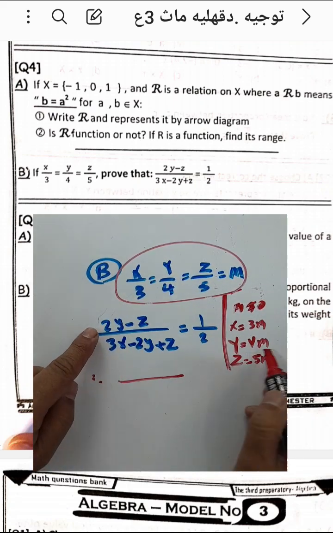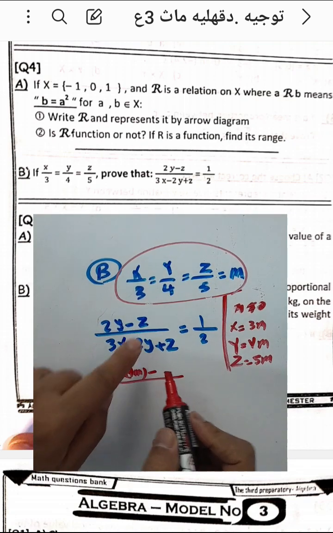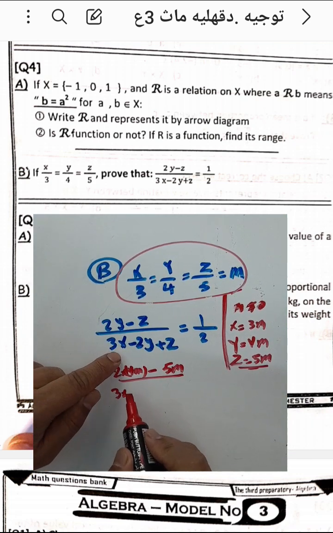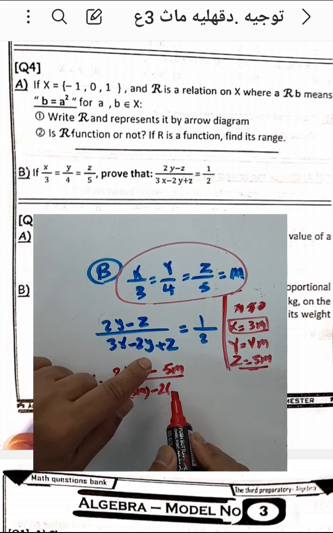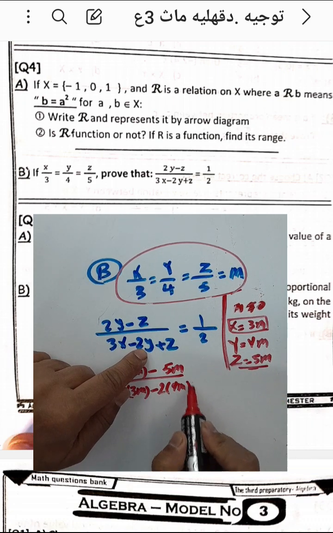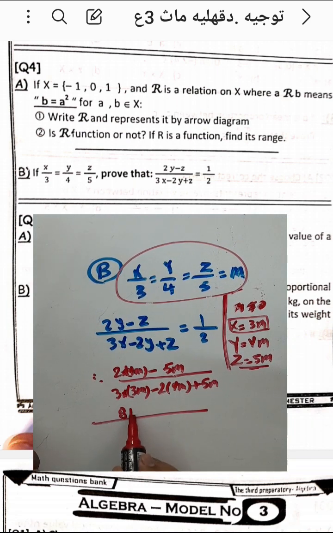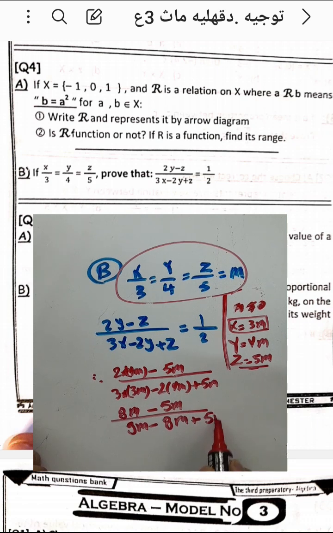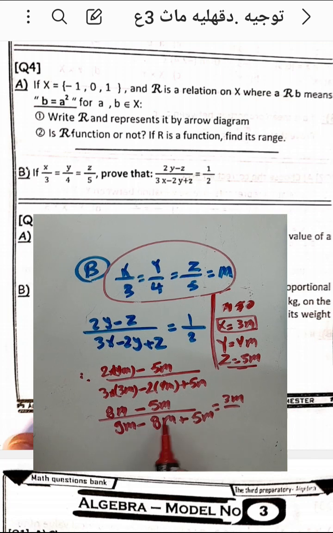Then we can prove that left hand side, right hand side by put x equal 3m here and y equal 4m. 2 multiplication by 4m subtract by z, and 3x, x here was 3m, subtract 2 multiplication y equal 4m plus z equal 5m. 2 times 4 it will be 8, and 3 times 3 it will be 9. 8 minus 5 it will be 3. 9 minus 8 is 1, 1 plus 5 equals 6m.